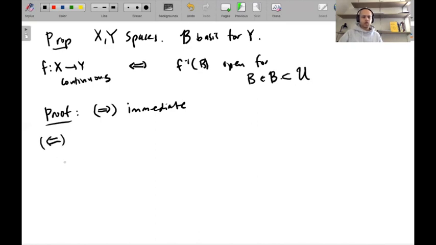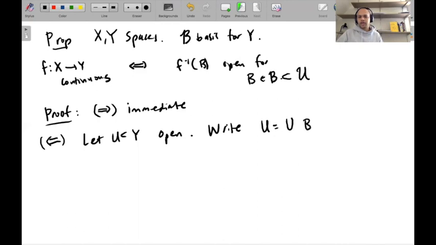The more interesting direction is the reverse direction. Let U in Y be open. We want to show its preimage is also open. Since we have this basis, we can write U as a union of elements in the basis.